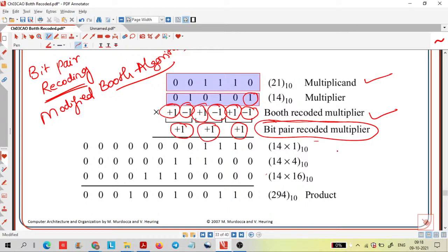In the previous problem we took 21 as the multiplicand. Here it will be 21 into 2 raised to 0, which is 1. Then it will start from 2 raised to 2, 2 raised to 3, 2 raised to 4, that is 16.